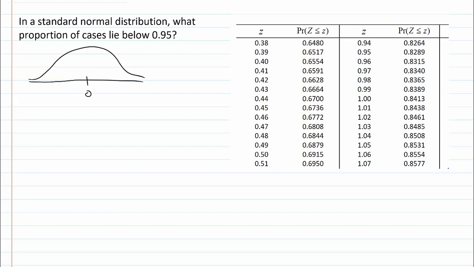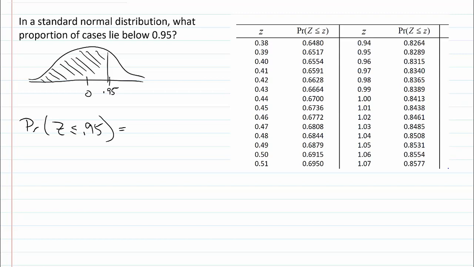And what I'm looking for in this problem are the proportion of cases that lie below 0.95. 0.95 is located probably about right here. And what I'm interested in is this area under the curve, which corresponds to a value in my standard normal CDF. What I'm looking for then is the probability that z is less than or equal to 0.95.